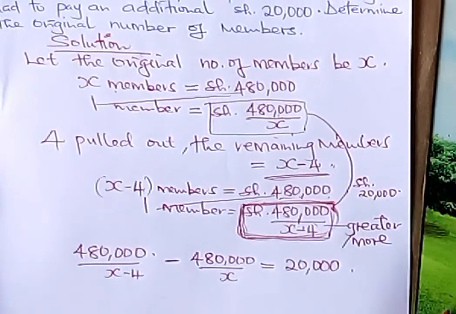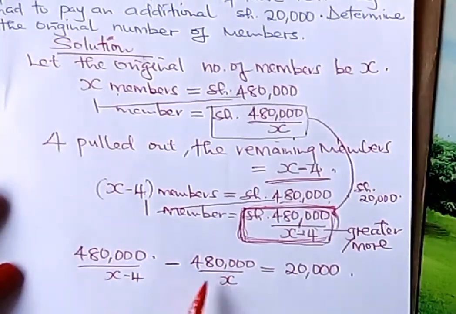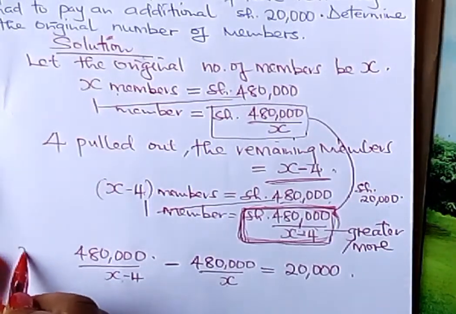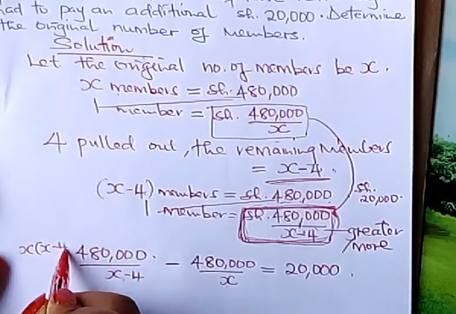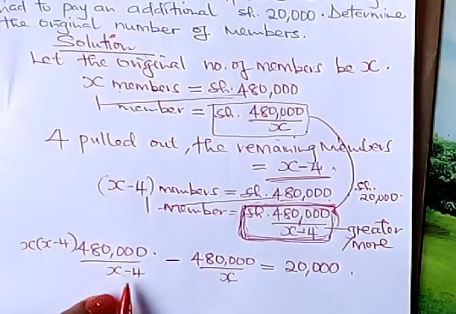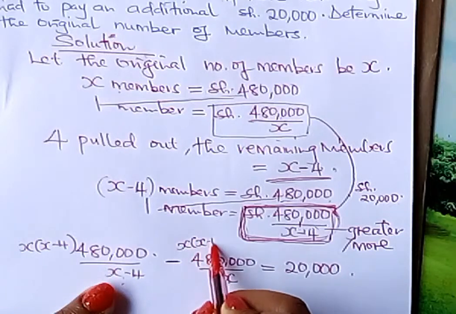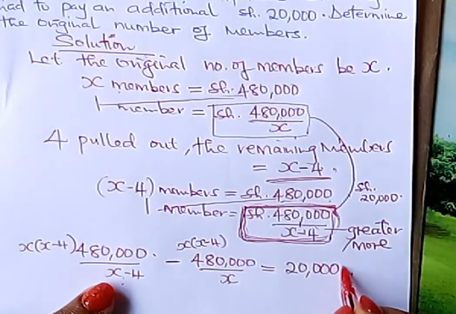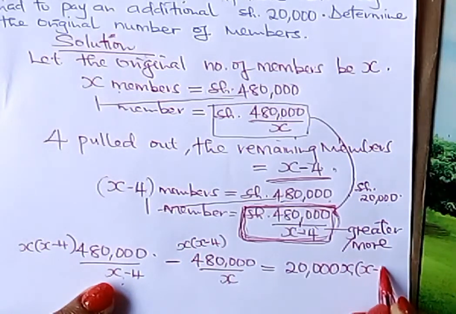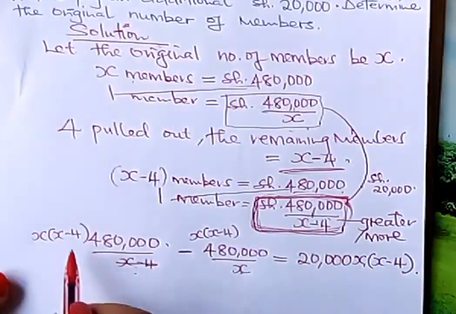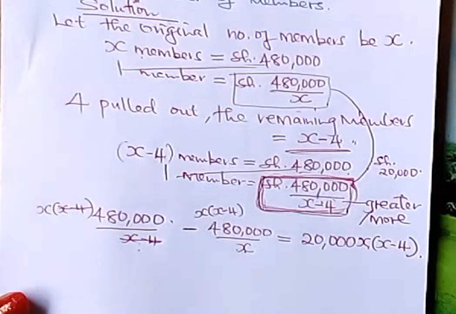Here we have an equation, and therefore we remove these denominators by multiplying with the LCM. The LCM will be x times x minus 4, we multiply with it there. On this other side, multiply with the LCM too. This and this will cancel out.